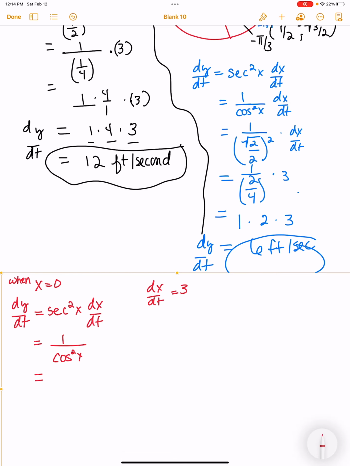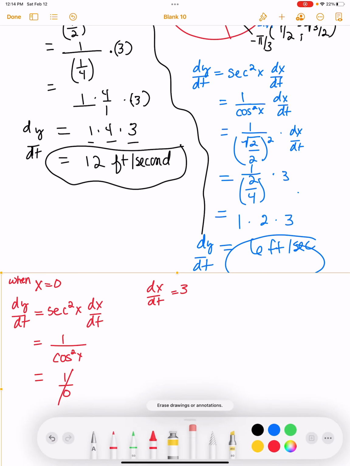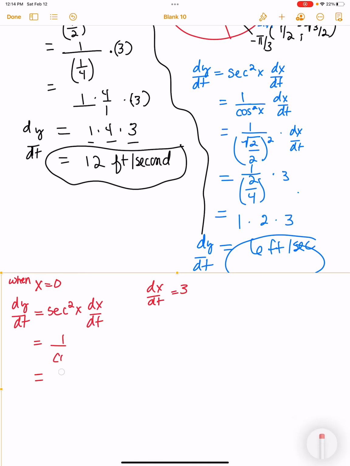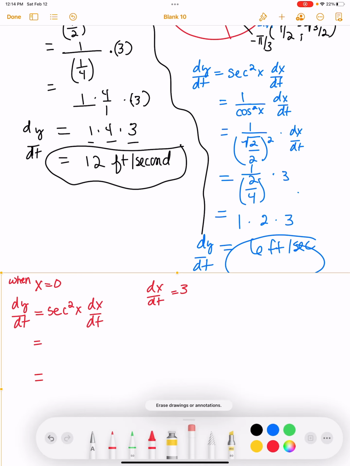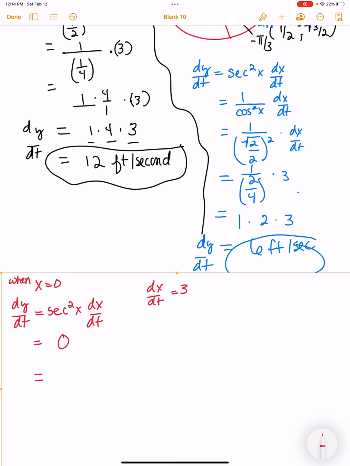It's just 0. So we could also just do it simply like this and say 0 times 3, which equals 0. So that's what our dy/dt would be when x equals 0. Okay.